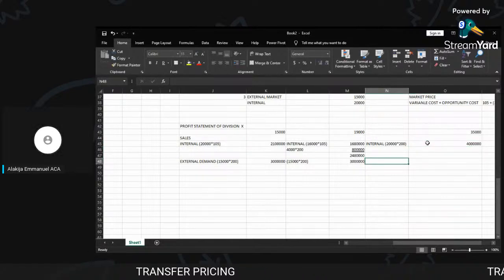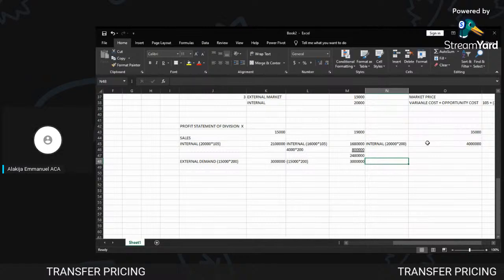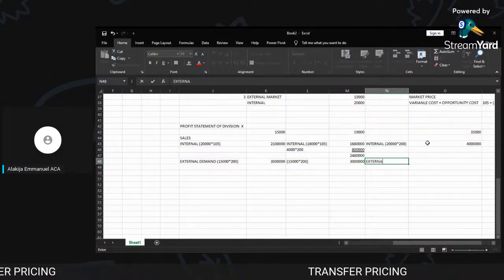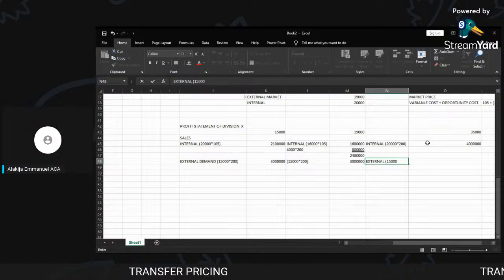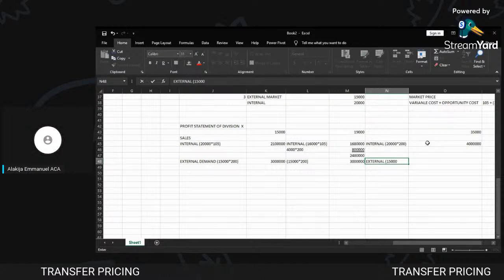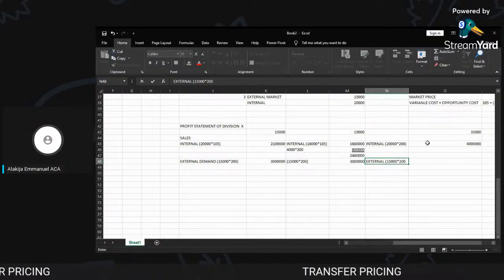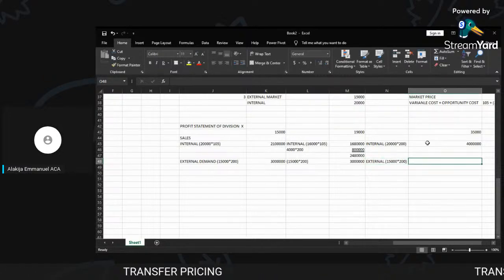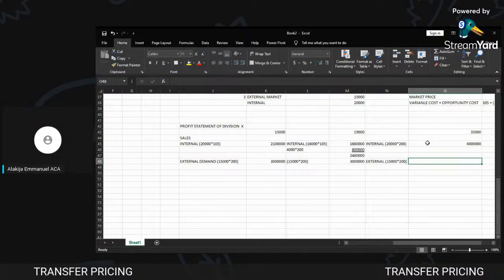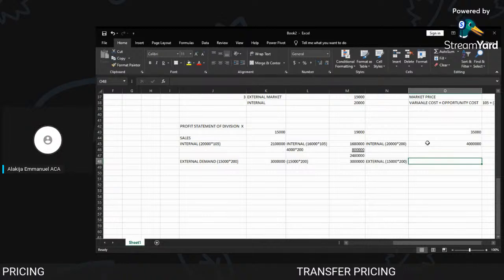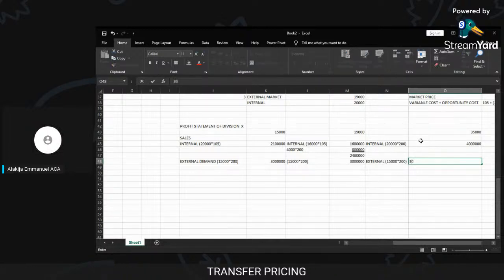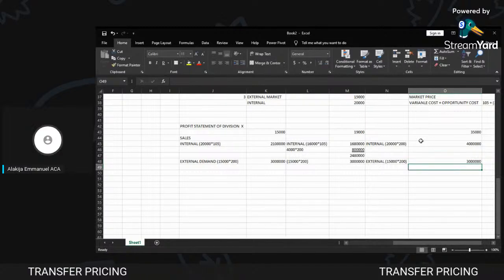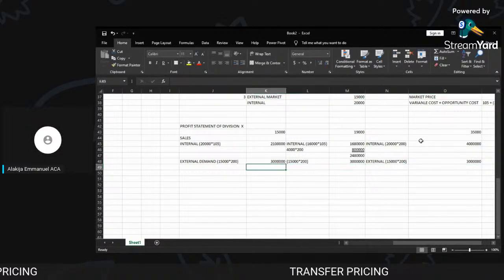By the external demand, it is going to be 15,000 multiplied by 200. 15,000 was not what they ordered for, but that is what they will get because we have to meet internal demand and we factor the cost in. It's still going to be 3 million. So we can go on to calculate the total.